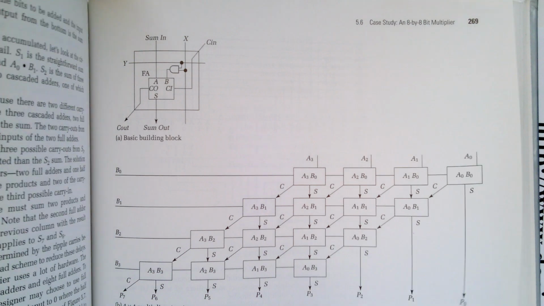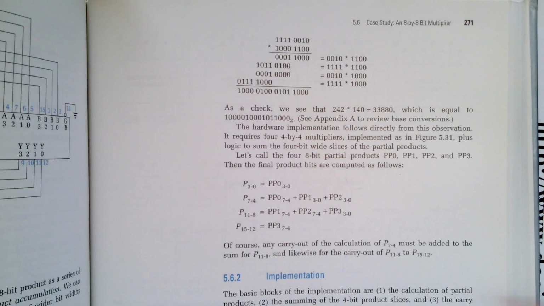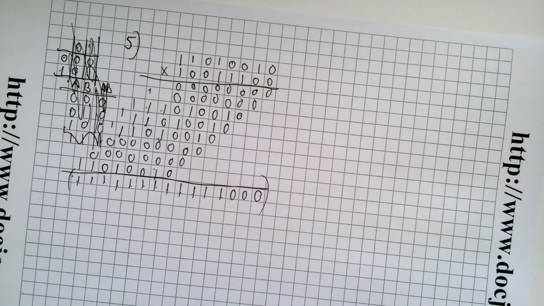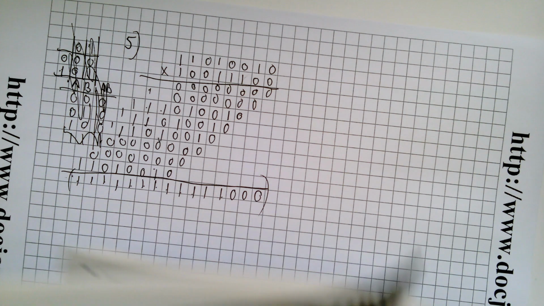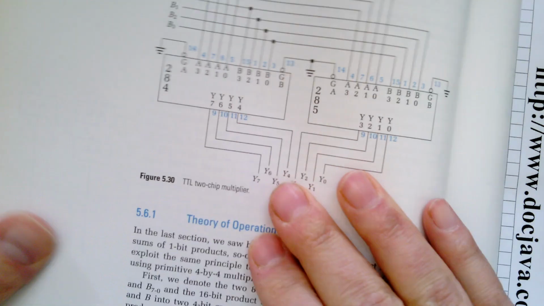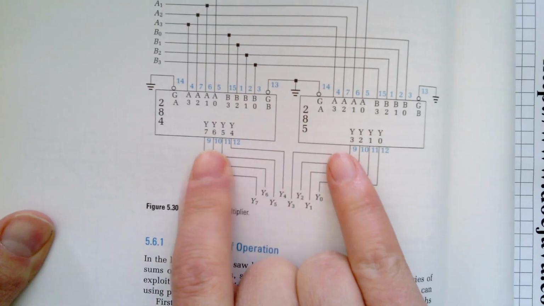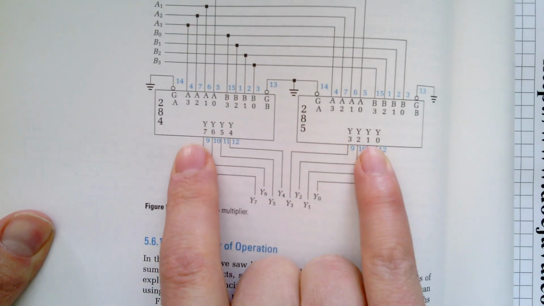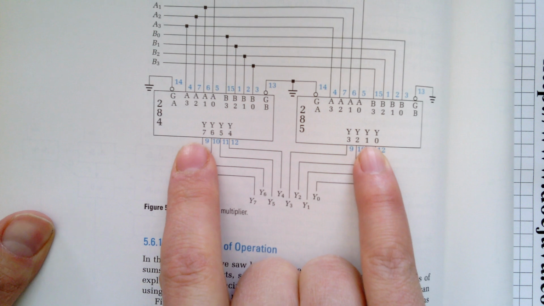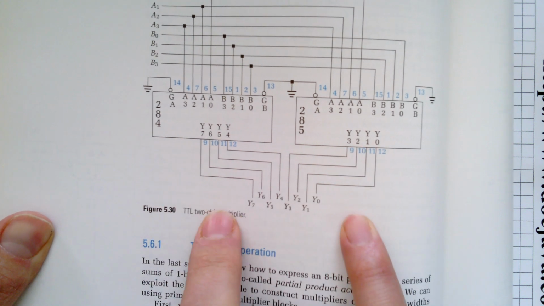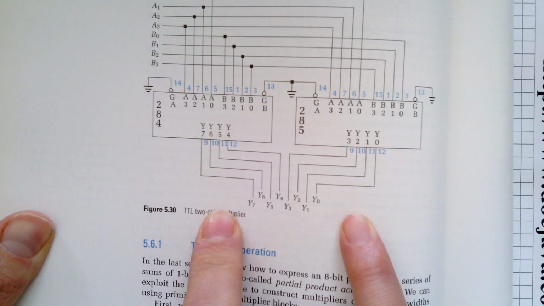And that gives you your 8 by 8. Now, in medium scale integrated circuit transistor logic, the 74285 gives you 4-bit quantities for multiplication, and you can use them together in order to get an 8-bit multiplier.